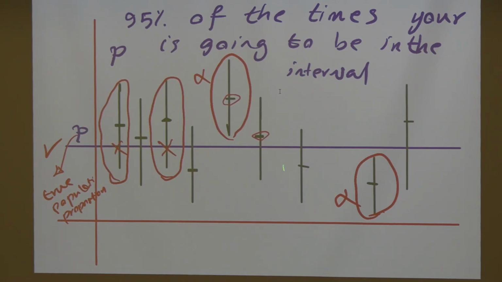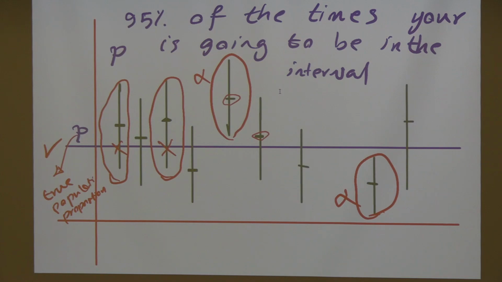You keep doing this, and you see that once in a while this interval doesn't include the population parameter. So here, the population parameter is not in the interval. Here, the population parameter is not in the interval. But in other cases, the population parameter is in the interval.